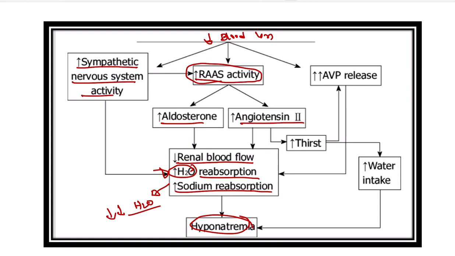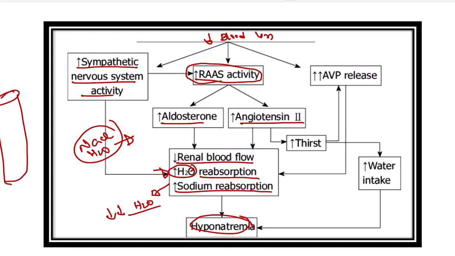They cause reabsorption of sodium and water from the renal tubule, and when sodium chloride and water are taken from the kidney tubule, what happens? This is the collecting duct.